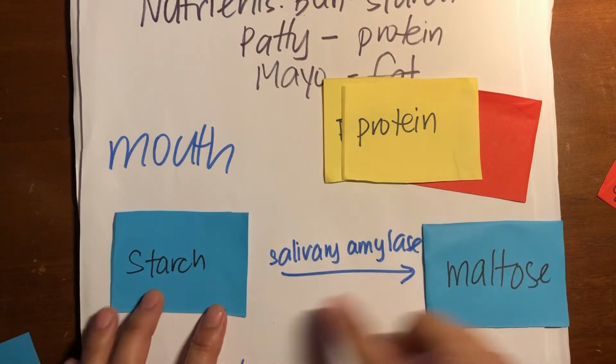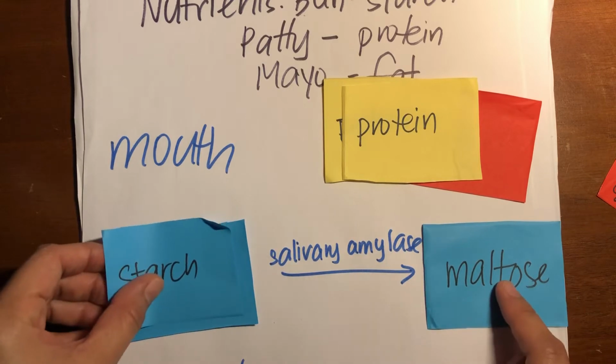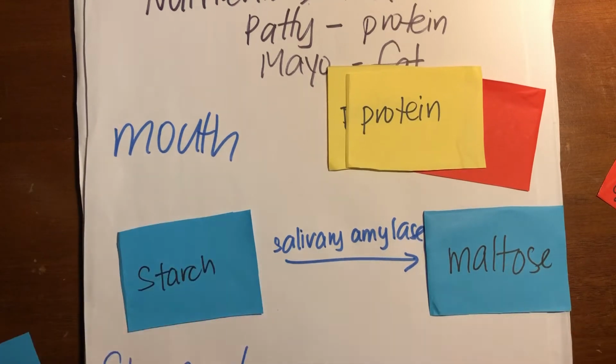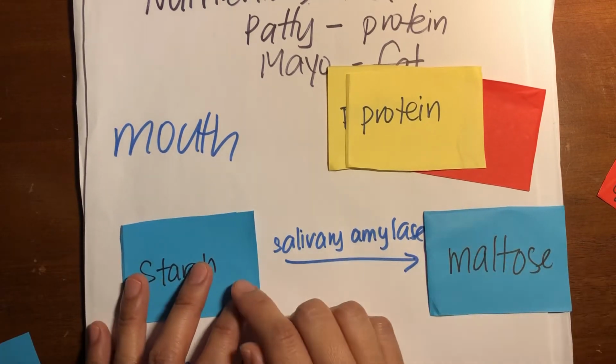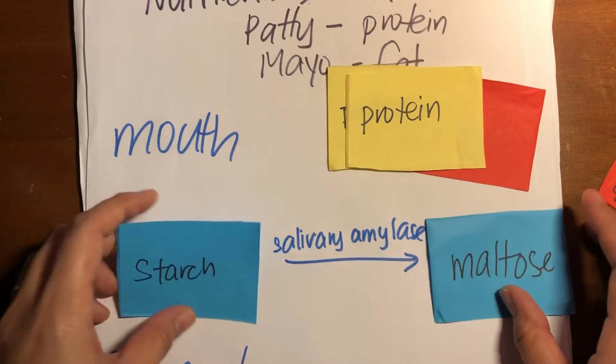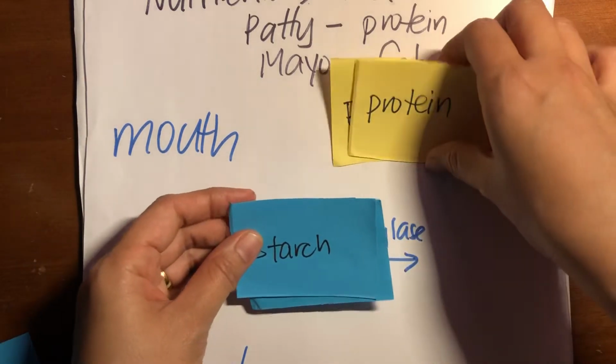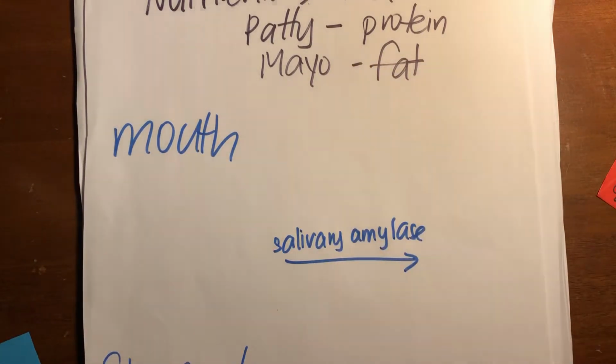Salivary amylase converts this starch into maltose. Right, so you're not going to keep the bun in your mouth for so long. So some starch will definitely still be in the bun when you swallow it and go into the stomach.